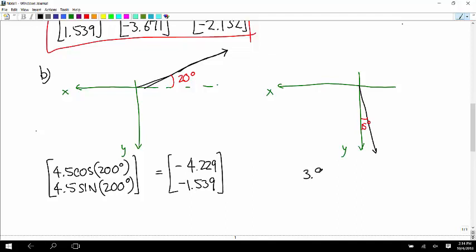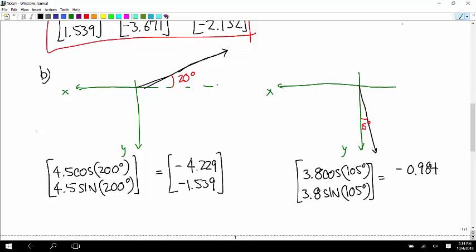So we have 3.8 times the cosine of 105 and 3.8 times the sine of 105. And you get negative 0.984, 3.671.